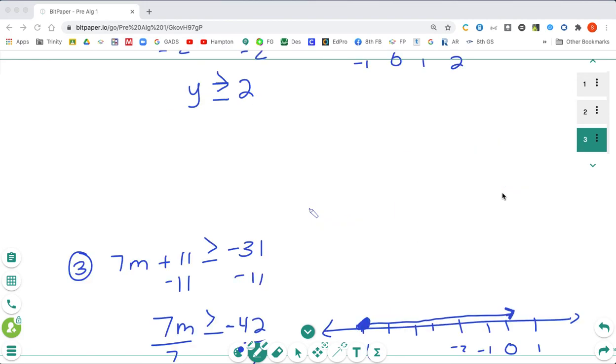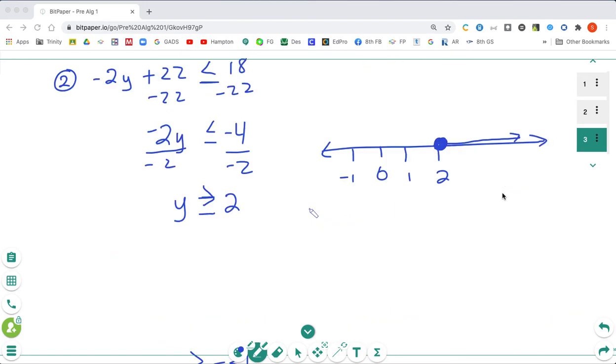Let's go back up here and let's check number 2. So I'm going to choose 3 because 3 would be underneath the arrow. So we're going to do -2y plus 22 is less than or equal to 18.